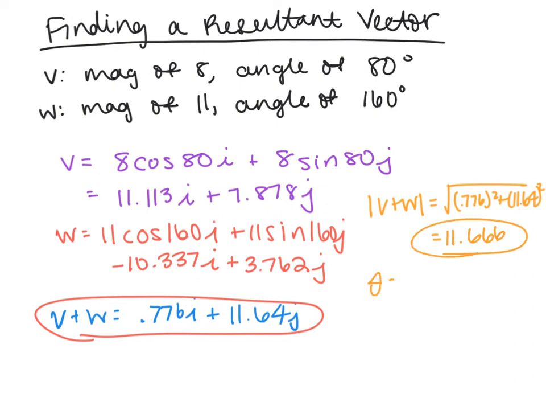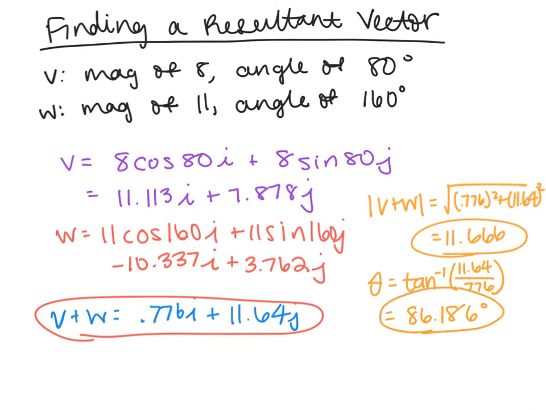And then for the direction angle, your formula is inverse tangent of b over a, so 11.64 over 0.776. Again, type that in calculator, and you should get 86 degrees. Forgot what I was rounding to.